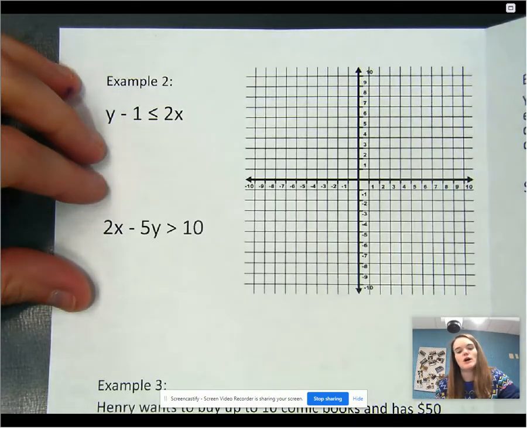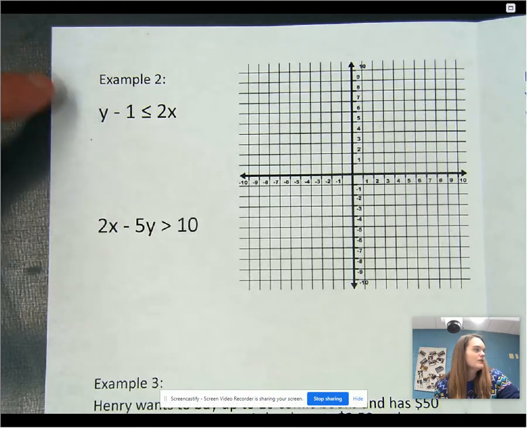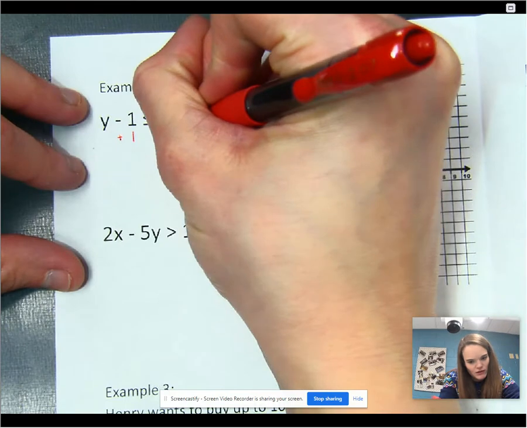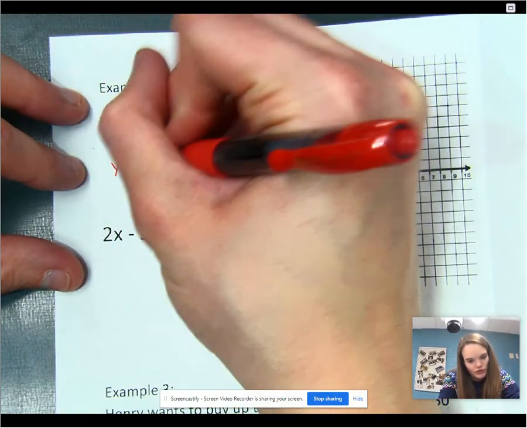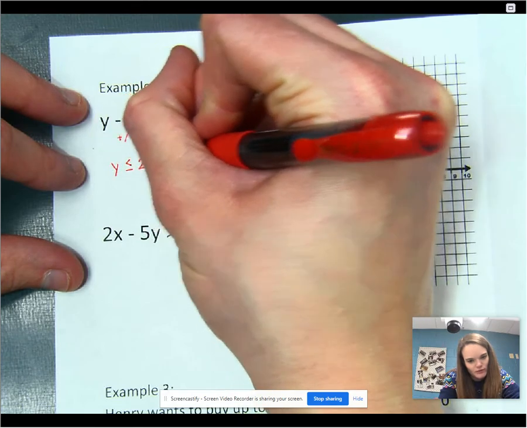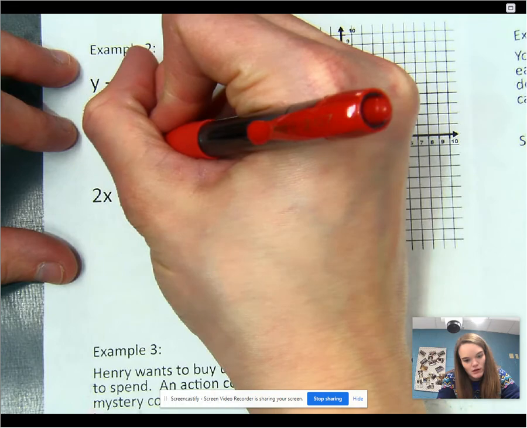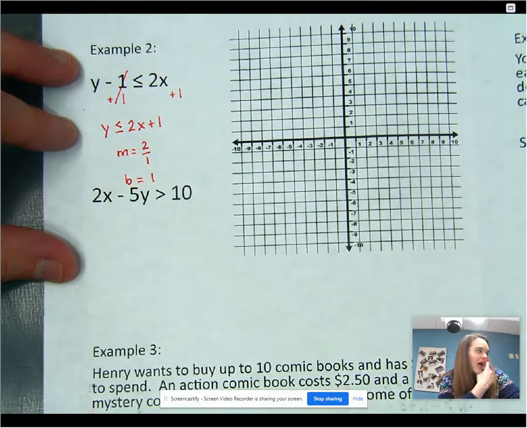Okay. These are not y equals or y by itself, so I've got to do that. I don't have the x over here, though, so I'm going to have to move the 1. Y is less than or equal to 2x plus 1. The slope is 2 over 1. The y-intercept is 1.